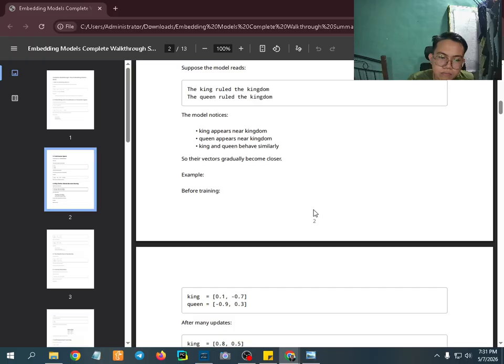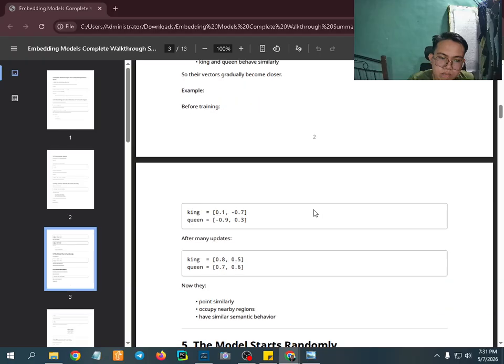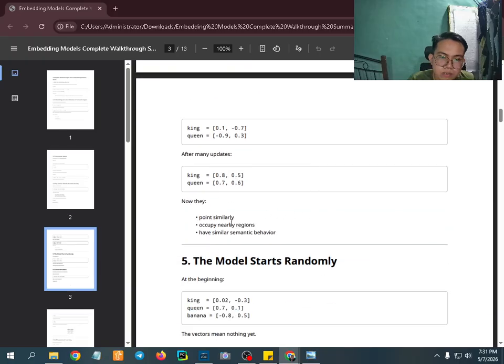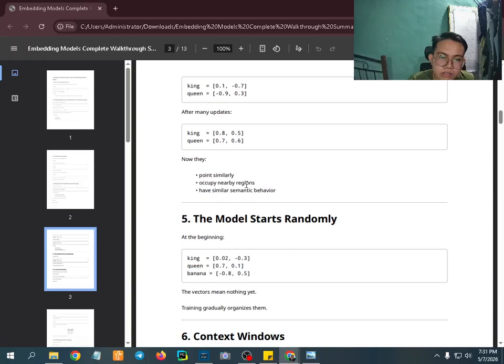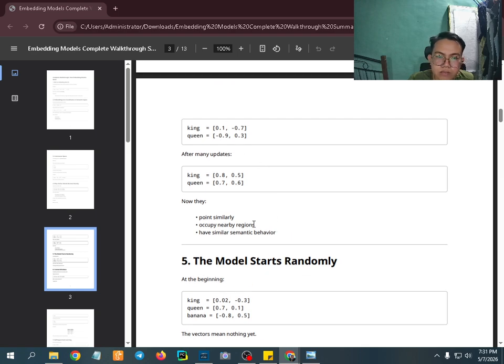When the model reaches the point where it doesn't make mistakes, it will stop. Now they point similarly, occupy nearby regions, and have similar semantic behavior.